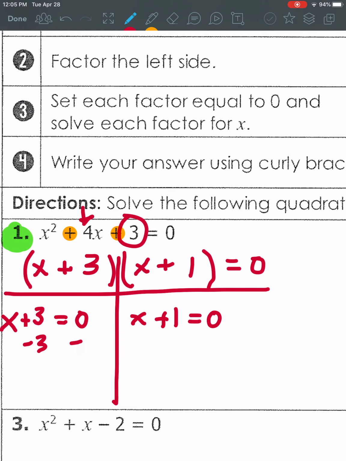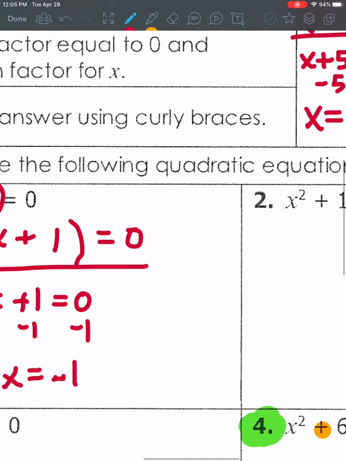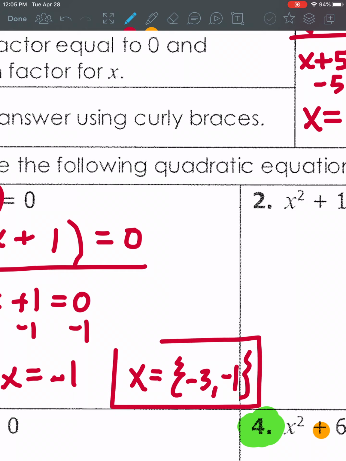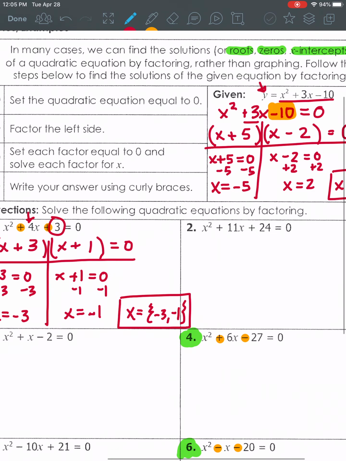So minus 3, so x equals -3, minus 1 on both sides, so x also equals -1. All right, so x equals -3, -1. It doesn't matter the order you write them in. I often like to write the smaller number first. Totally doesn't matter though. Okay.